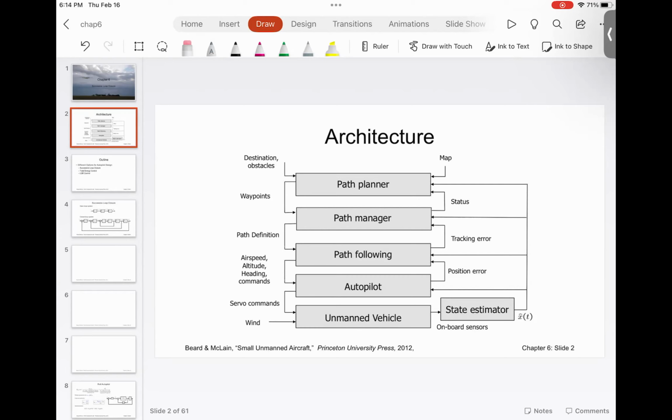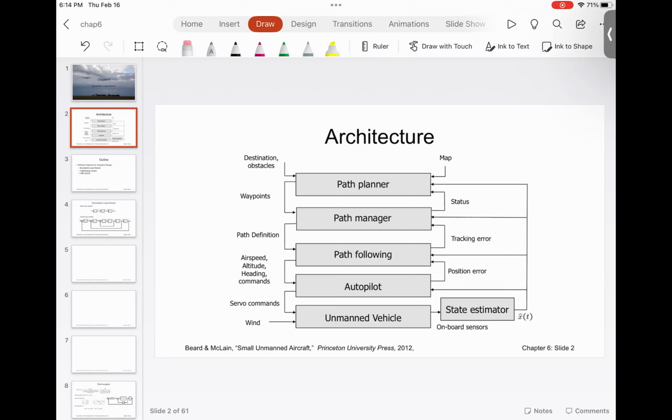So what the path planner would do is, you would say fly from tech to sim, and then the path planner would create the waypoints, and within the waypoints you would have a trajectory.